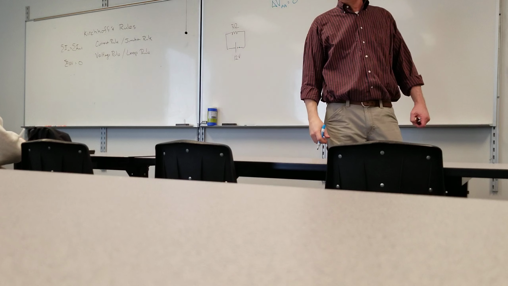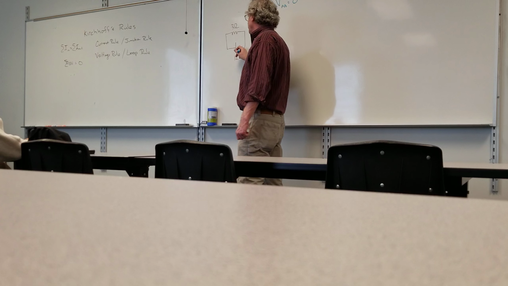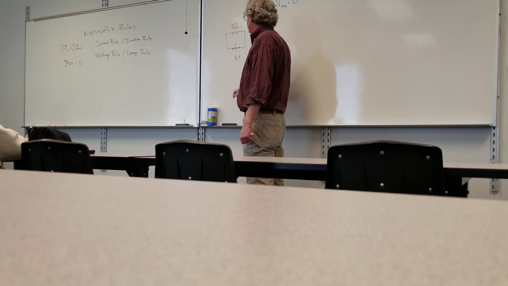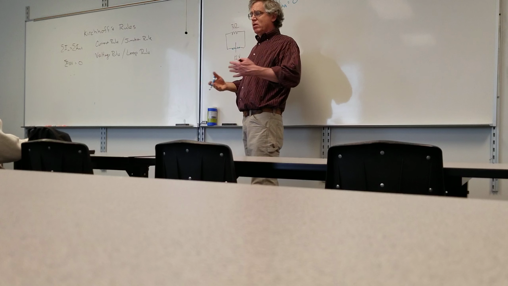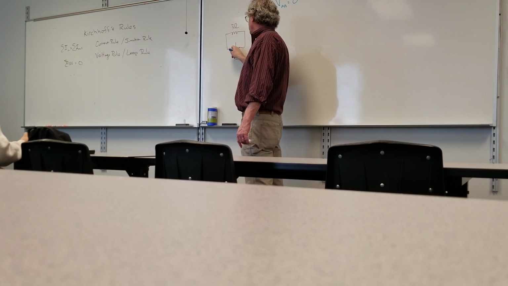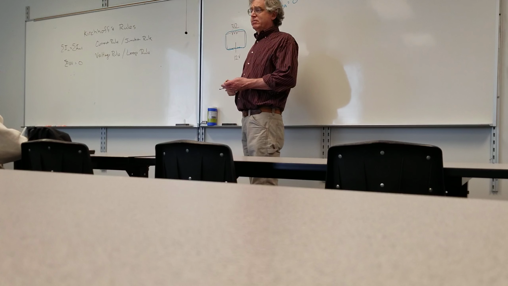It better be. So I'm just going to go around my loop here. I go across my battery. It doesn't matter which way you go. I'm going to go this way, which is also the direction of current, up, over, around, and when I get back to there, that should be at 0.